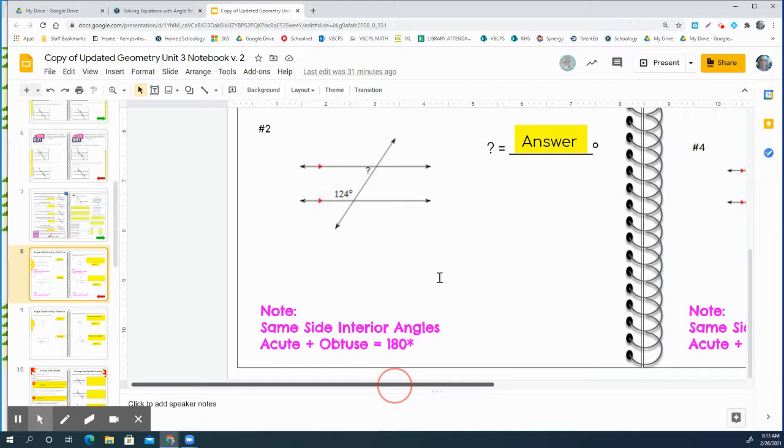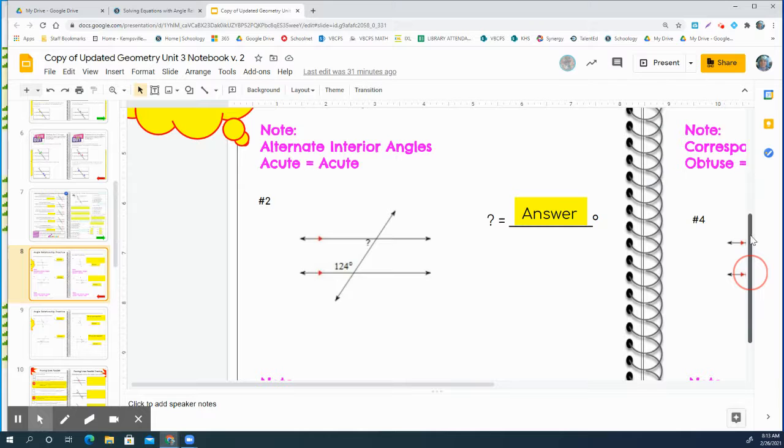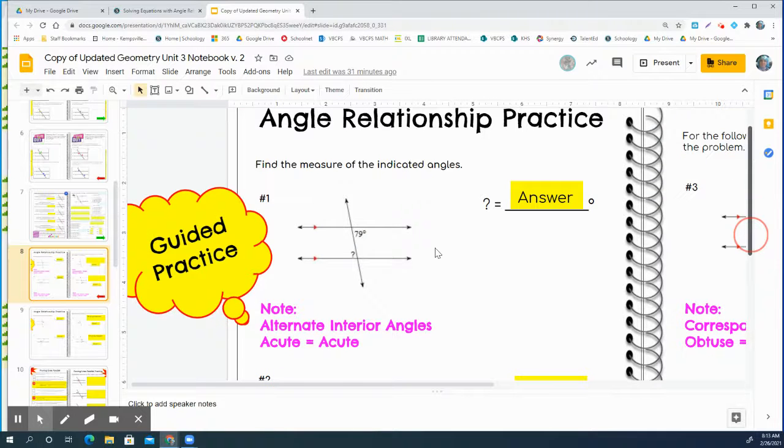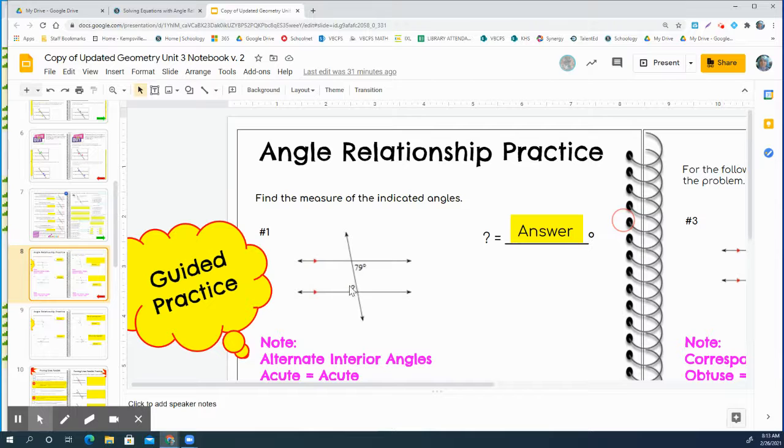If you look at the equation for number 1, how would you set that up? If I'm looking for this angle down here, what's the relationship? I've got a transversal. I've got some parallel lines. Here they're very clearly marked. So what's the relationship between 79 and x? These are alternate interior.